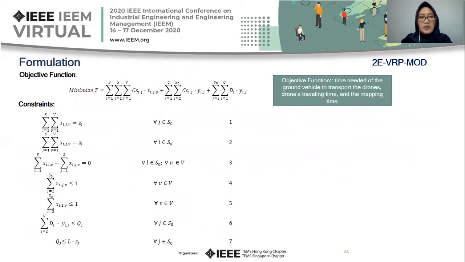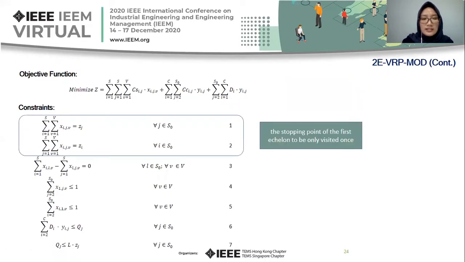For the formulation, we have an objective function and constraints. The objective function is to minimize the time needed by the ground vehicle to transport the drones, the drone's traveling time, and the mapping time done by the drones.